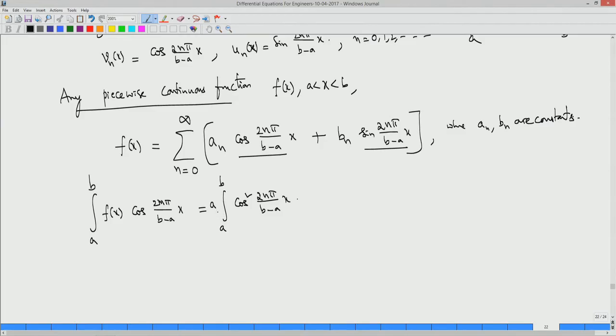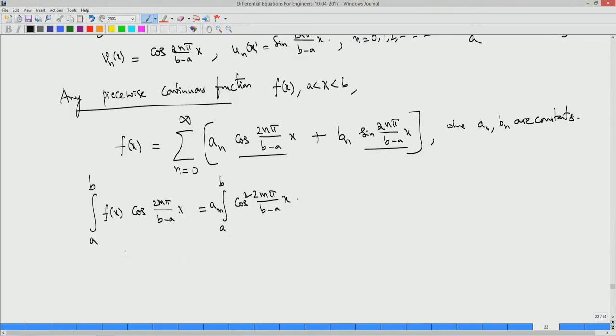Corresponding to n equal to m, that will be cos²(2mπ/(b−a) x). The other terms will be cos(2nπ/(b−a) x) into cos(2mπ/(b−a) x); that integration, their dot product, is 0 because n is not equal to m. Only n equal to m survives, that is cos²(2mπ/(b−a) x) into a_m. This is what you get.